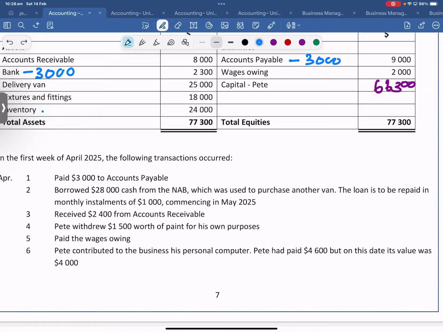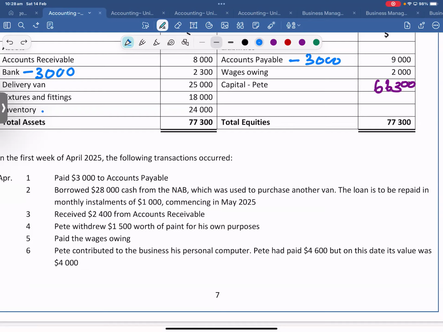Anything else? How did we purchase the van? With the money from the bank. From the bank? Money from our bank account, or from the loan?